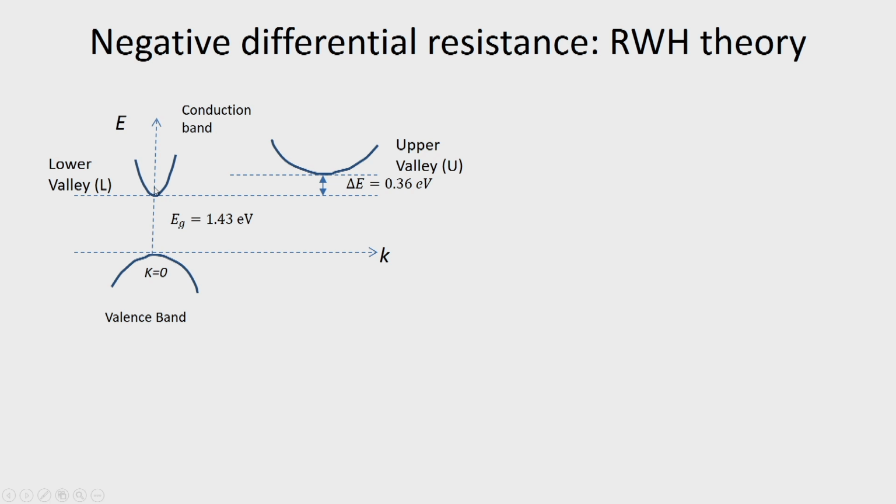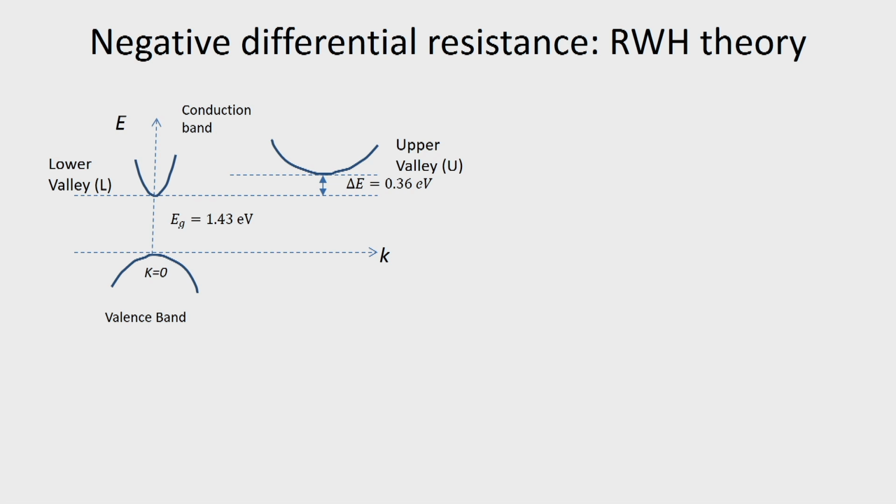Now, this valley in the conduction band is called the lower valley L, and in gallium arsenide another upper valley U exists at a slightly higher energy, delta E equal to 0.36 electron volt.